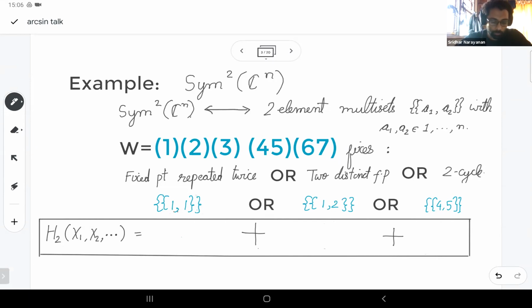Then the action of w on this multiset would simply fix it because it fixes 1 and both the elements are 1. The second type of multiset that it fixes is by choosing 2 distinct fixed points. For example, you see here we've chosen 1 and 2. When w acts on the multiset {1, 2}, it fixes both 1 and 2. And the third type of multiset that is fixed by such a permutation would be the elements in a 2-cycle.